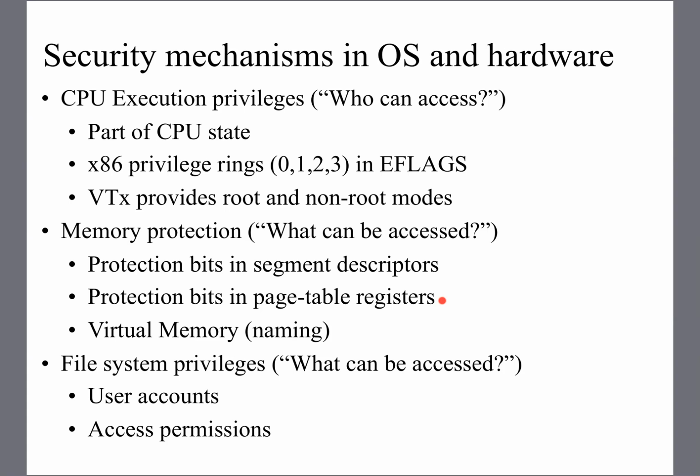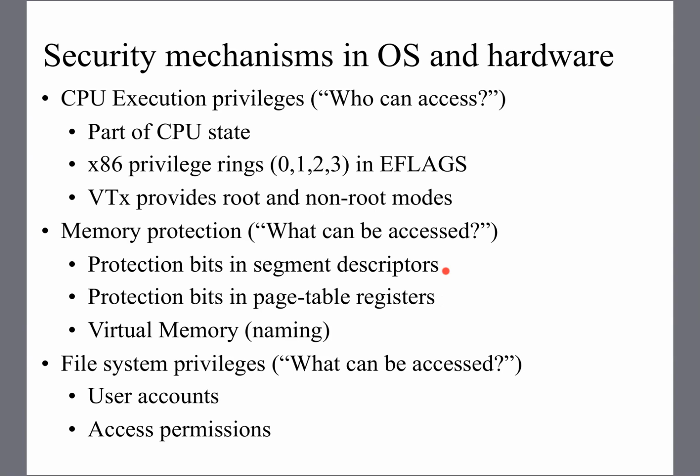Likewise, if you have reviewed the lecture on segmentation, you would have noticed that in segment descriptors, there are two additional bits that describe the privilege level with which a particular segment can be accessed.